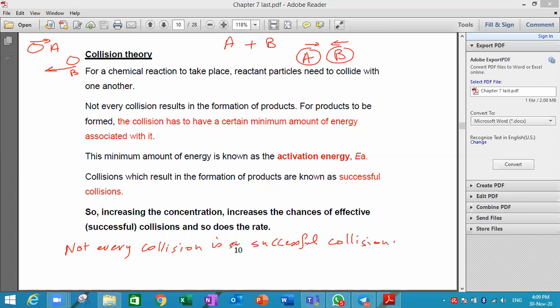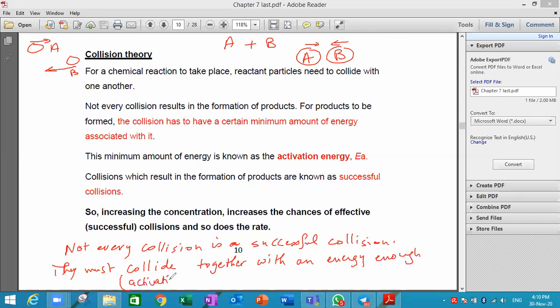It means that not every collision will result in the formation of a product. A successful collision means that it will result in the formation of a product. So not every two particles colliding together will lead to a reaction, but they must collide together with an energy enough, and we call this energy the activation energy.